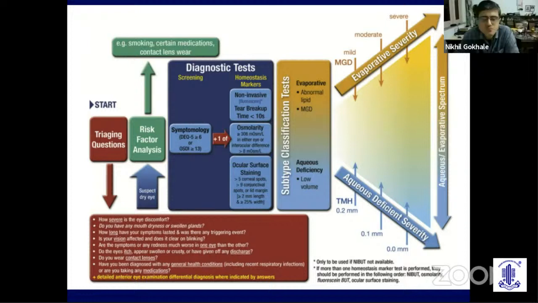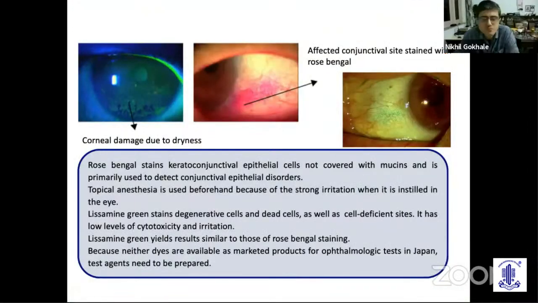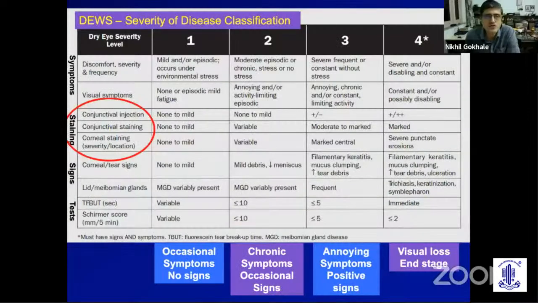And as we saw, we use various dyes to look at the ocular surface. It's also essential that the surface staining gives us some idea about the degree or severity of the dry eye. For example, a very mild dry eye will have no staining of the ocular surface, and very severe staining would be seen when you have a grade 3 or grade 4 dry eye.